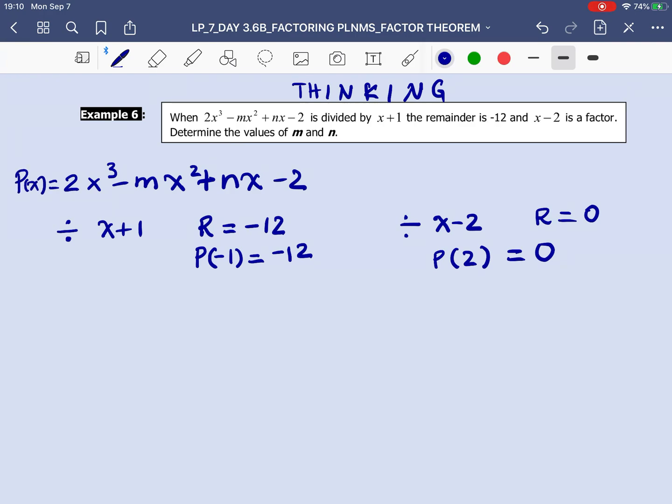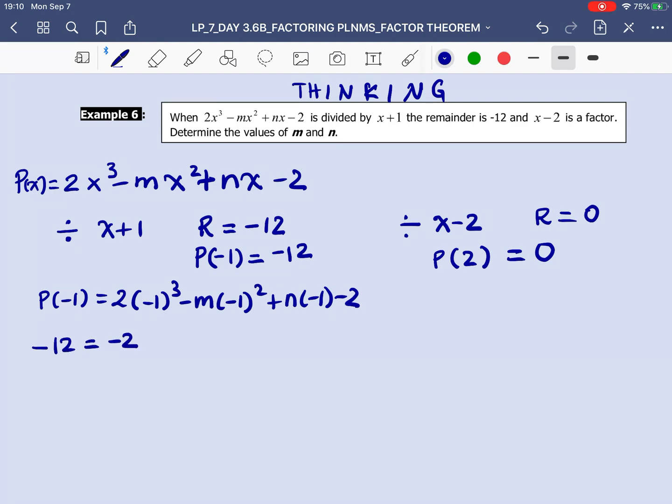I'm going to call this P of x, so it's easier to communicate the solution. So P of negative 1 must equal 2 times negative 1 cubed minus m times negative 1 squared plus n times negative 1 minus 2. Now P of negative 1 is negative 12. That's negative 2 minus m minus n minus 2.